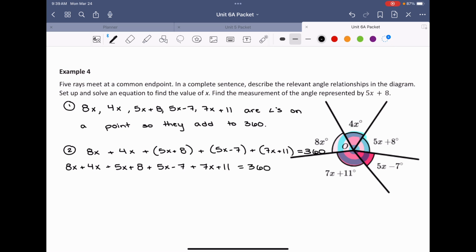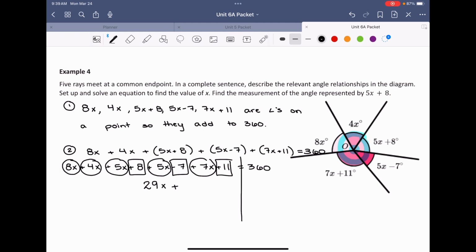And I'm going to go through and combine my like terms. I've got 8x, 4x, 5x, 5x, and 7x. And then I've got three constants, 8, negative 7, and positive 11. When I add up all of my like terms, I'm going to have 29x plus 12 equals 360.